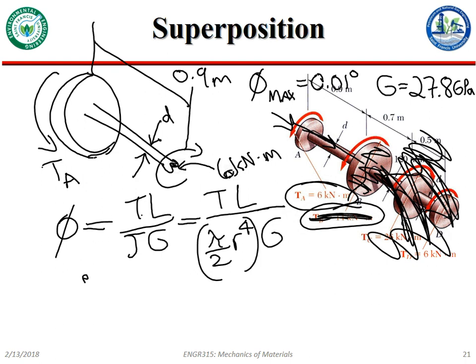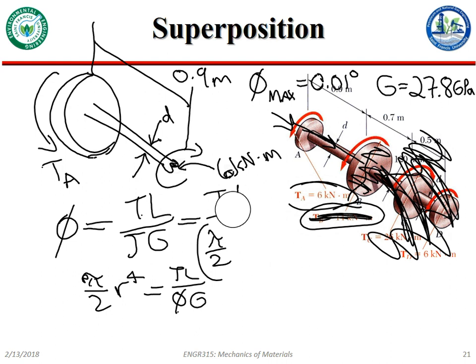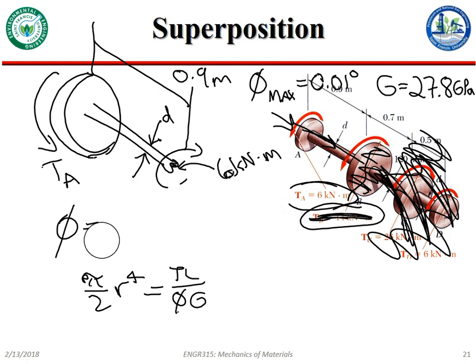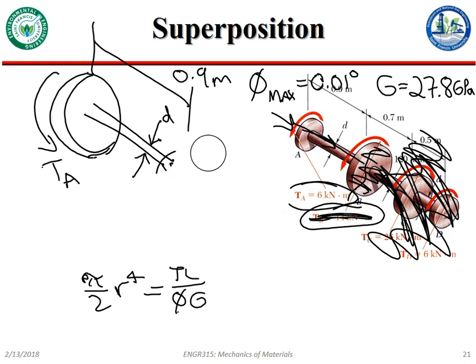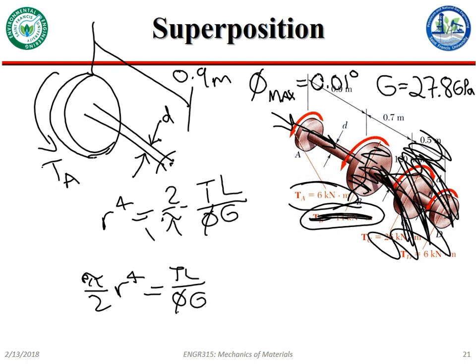Say pi over 2 r to the fourth equals TL over phi G. Say r to the fourth equals 2 over pi TL over phi G, and take the fourth root of that.